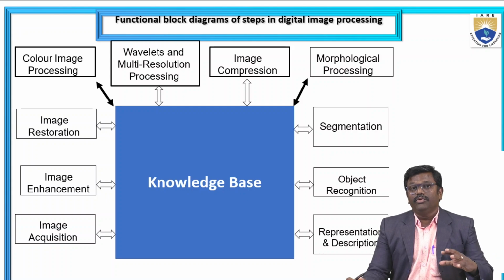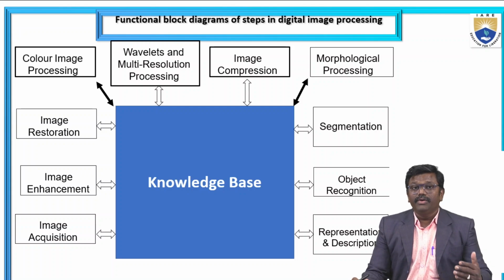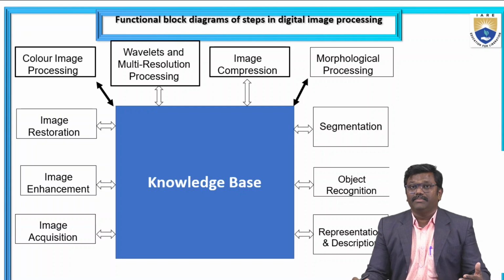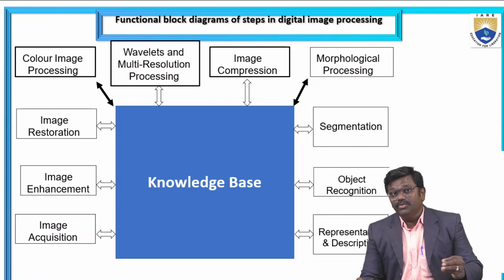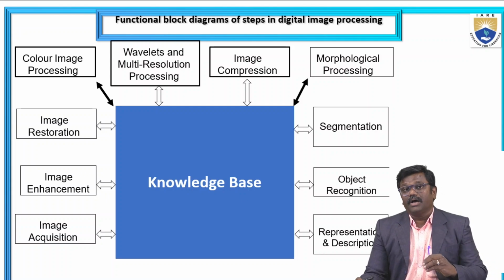We want to establish the image content of information for any application. So we have to concentrate on the functional block diagrams of steps in digital image processing, which we use either in the form of computer graphics or computer vision applications.